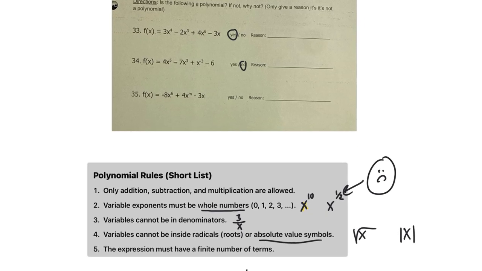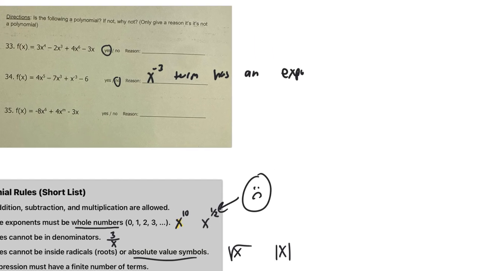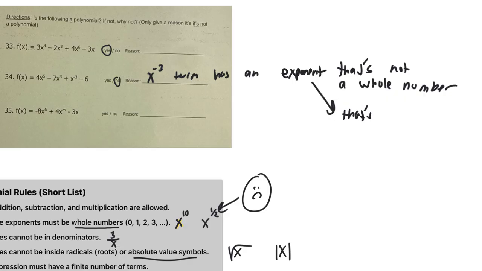You could say the x to the negative 3 term has an exponent that's not a whole number. Now, it's possible the teacher would also accept you saying that the x to the negative 3 term has an exponent that's negative. So it's possible either of these explanations would work.